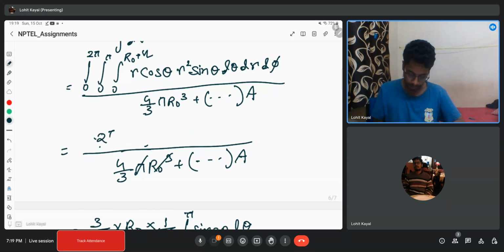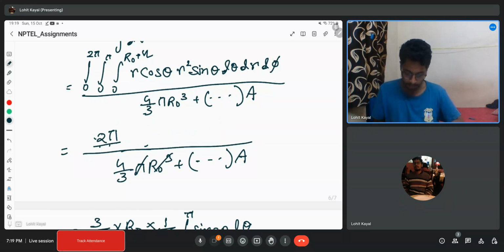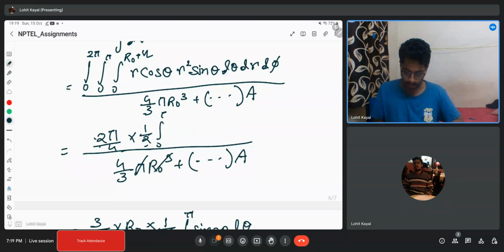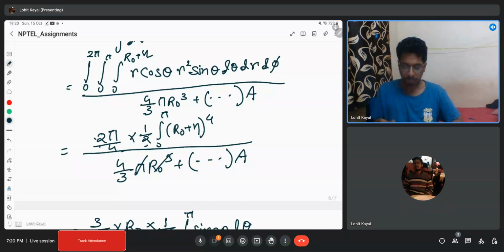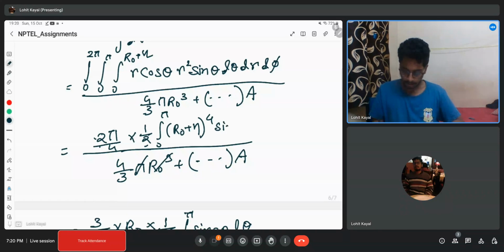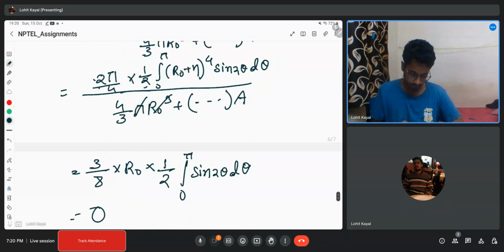So we'll have 2 pi by 4 into half into the integral 0 to pi of r naught plus eta whole to the power 4 sine 2 theta d theta. We'll now do this calculation.